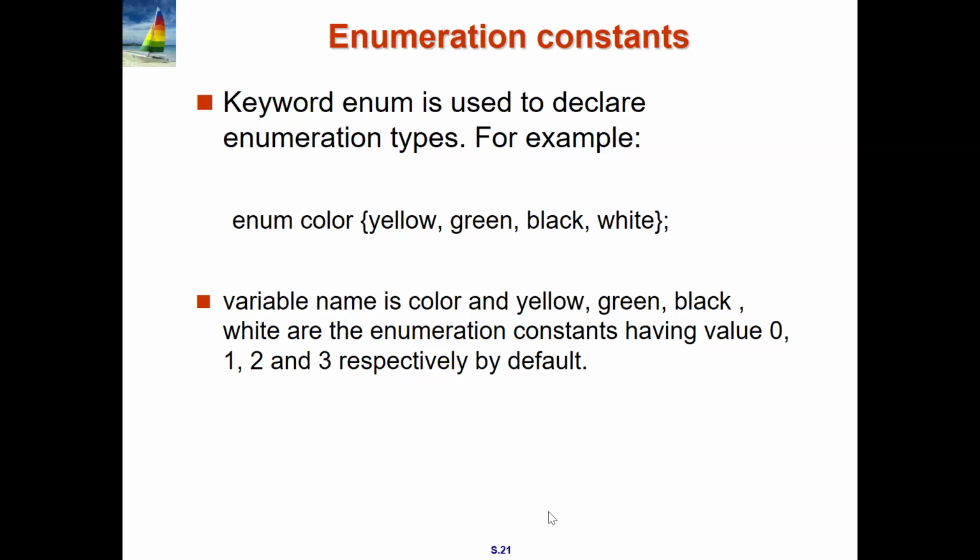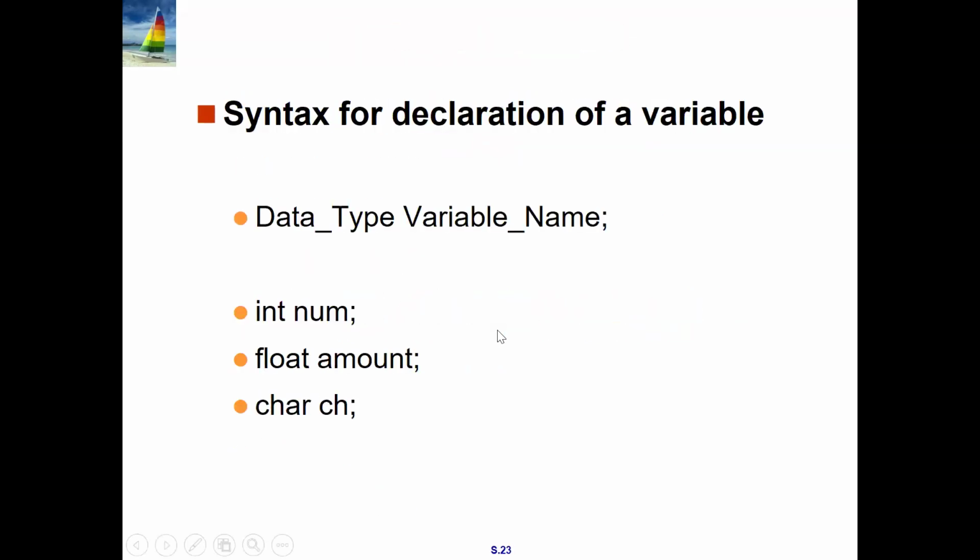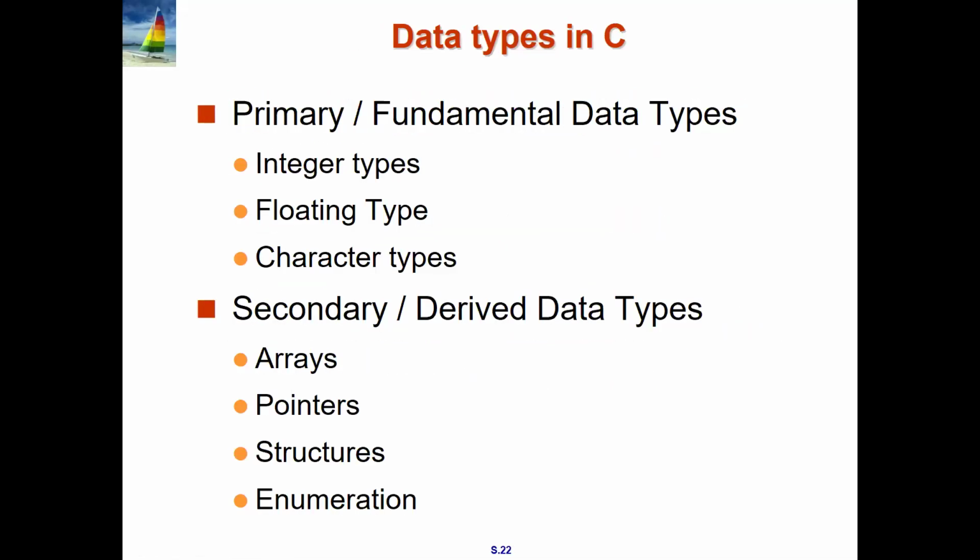Constants you can store. So this is a variable. You can store the variable's value, which is nothing but the constant. Then there are types of data types. There are primary or fundamental data types: integer, where you store whole values; floating, where you have real numbers like 2.05; and character, where at a time you can store one character.